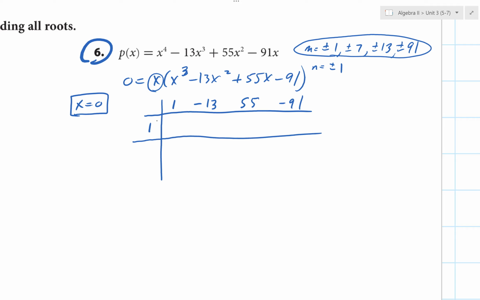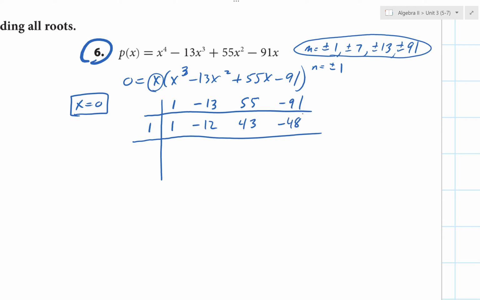So when I try 1, bring down the 1, multiply and add, negative 12. Multiply and add, 43. Multiply and add, and what is that? Negative what? 48. Negative 48.